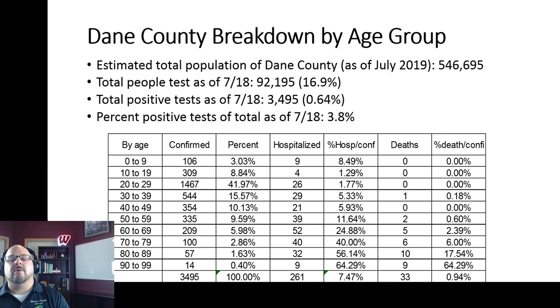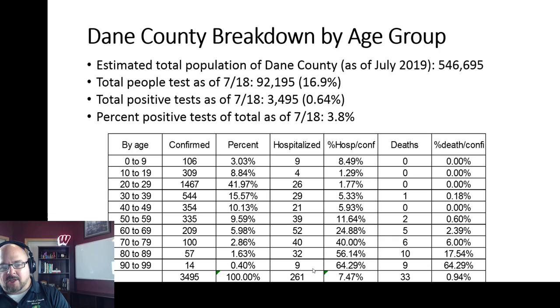No, I'm sorry, this is 56% of the confirms. So they're only 1.63% of the total, but of the 57, 56% of them get hospitalized, and about 17.5% of them die. If you're over 90, you've got basically a two-thirds chance you're going to be hospitalized and die.